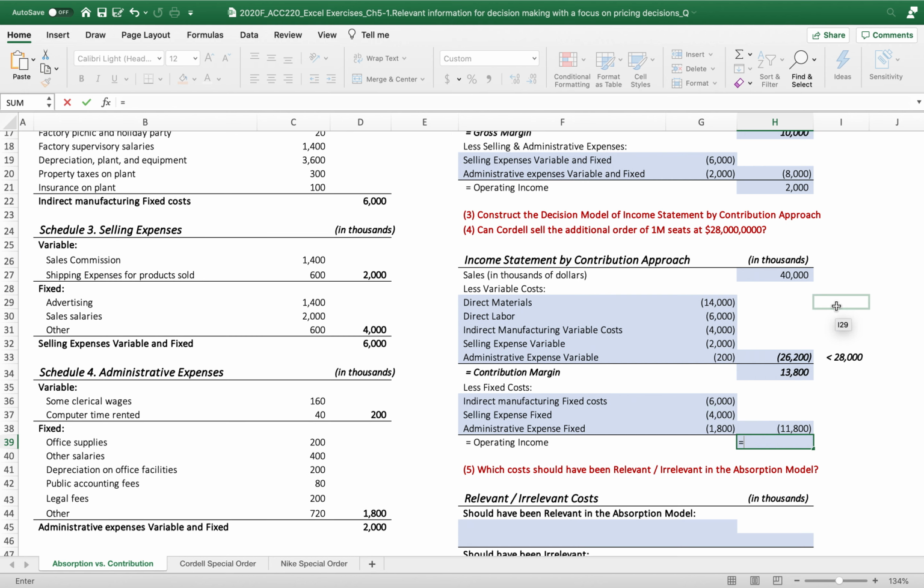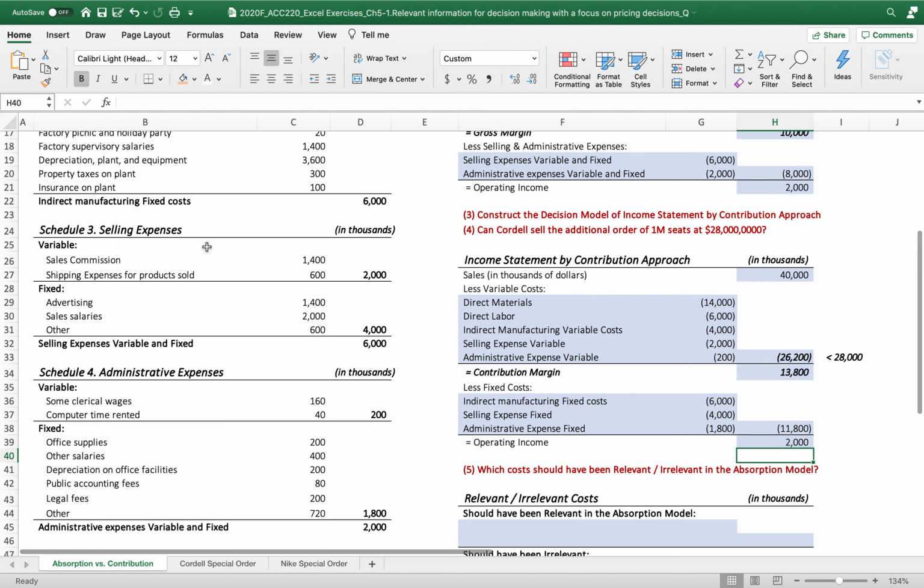Anyway, operating income from the absorption approach or from the contribution approach should be the same. Results are the same, because we are gathering all these expenses, costs, manufacturing, administrative and selling expenses, all the cost, regardless of what the types of cost are.